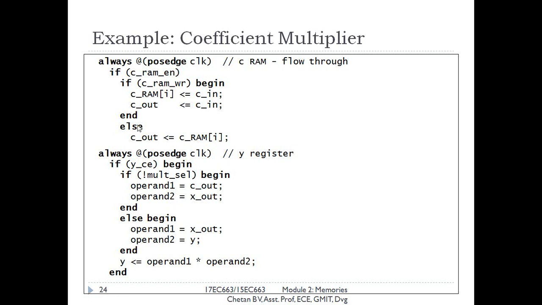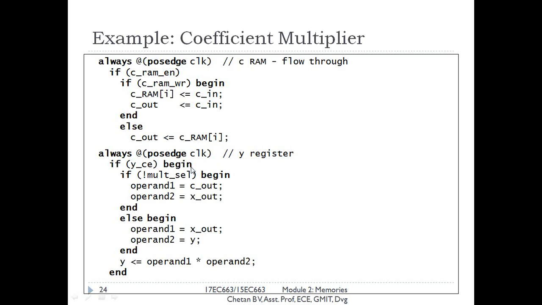If the multiplication select is not 0, if it is 1, the else part will be executed. So operand 1 will be X, the output of the X register. Operand 2 will be Y, which is now CI into X. So here Y will be operand 1 into operand 2.